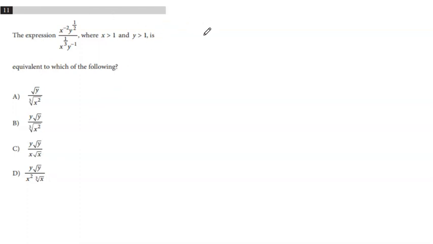Now we apply a few rules. For example, if you have a raised to the power minus m, this is the same as 1 over a raised to the power m. This is one of the basic indices rules that we must know.